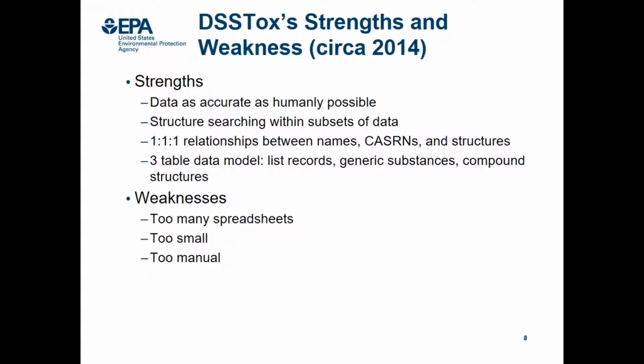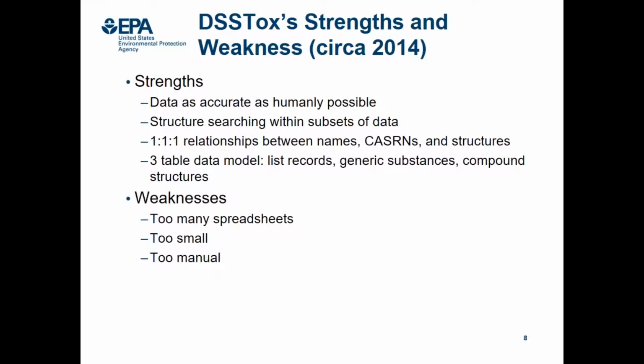So this is what I refer to as DSSTox core. And we have one curator who's just going through our databases, making sure that the identifiers between generic substances and structures are correct. And then we have other people who are going through and saying, all right, we have this particular list that we're interested in that has associated data. Let's make sure that when we take in their information, we properly map it and coalesce it to the correct substance.